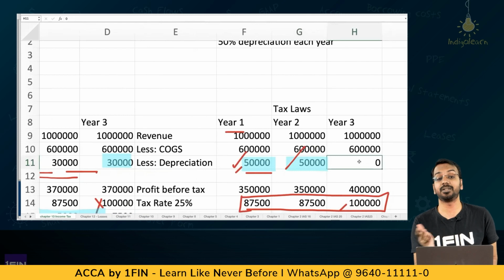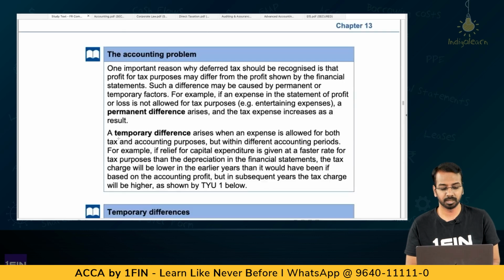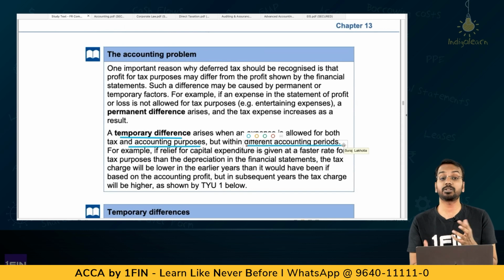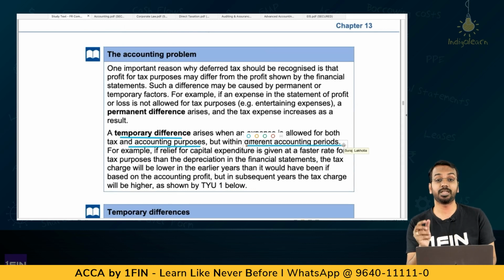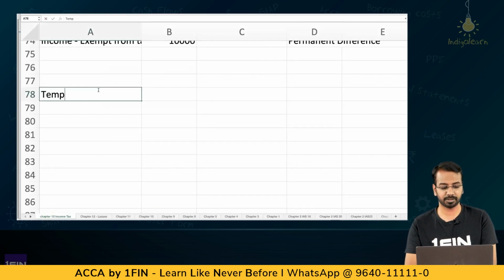So here there is a reversal, so it is a temporary difference, right? So coming back, a temporary difference arises when an expense is allowed for both tax and accounting purpose, but within different accounting periods. So you allow something in year 1, you allow something in year 2, that creates a temporary difference, right?